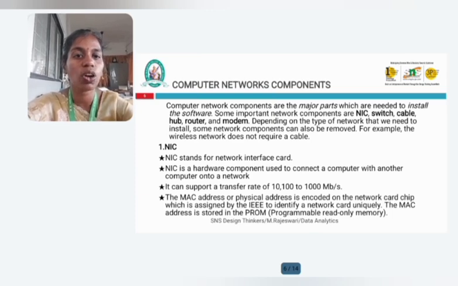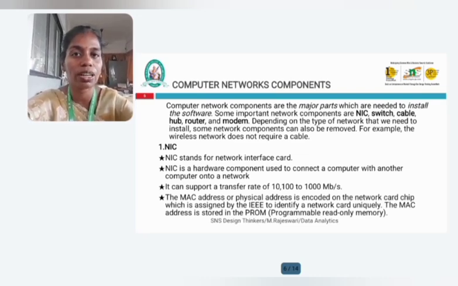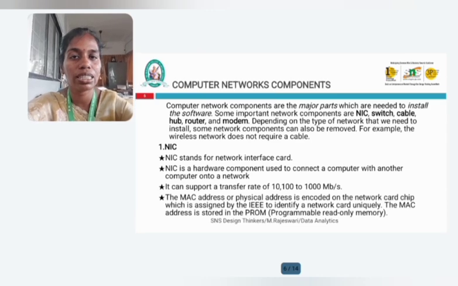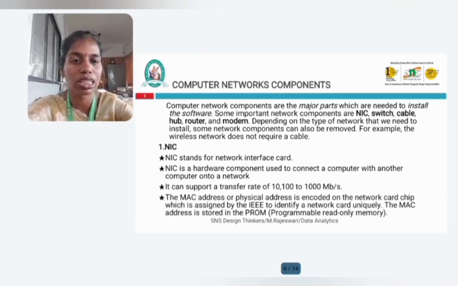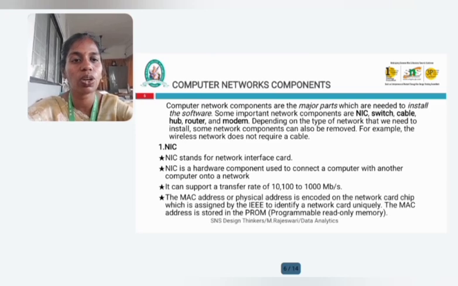The MAC address, or physical address, is encoded on the network card chip, which is assigned by the IEEE to identify the network card uniquely. The MAC address is stored in the PROM, that is programmable read-only memory. It is mainly used to identify the host address, that is the source address. When you are sending data from one network, the NIC will say what the host address is, which is known as the physical address of the network.